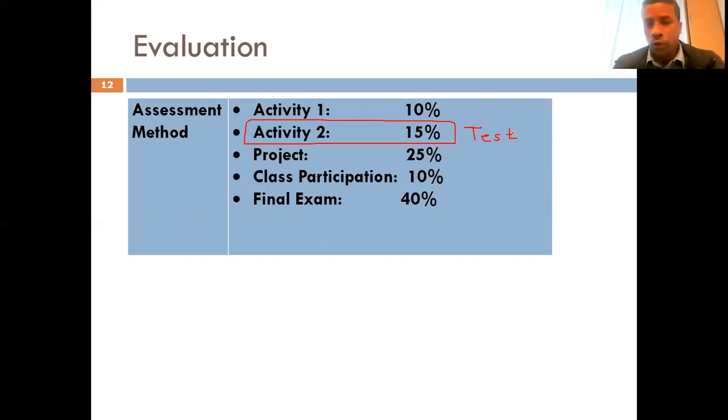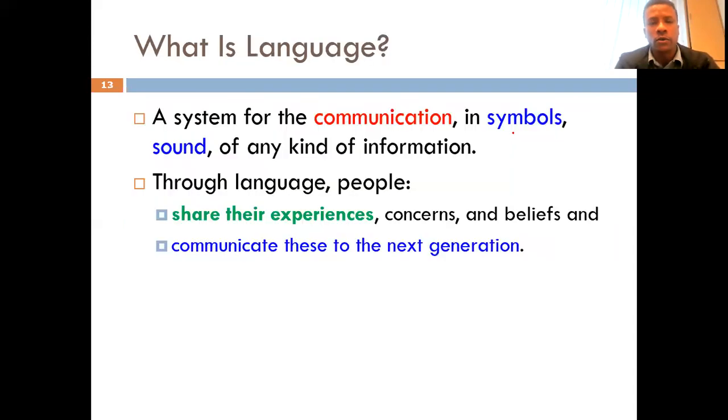But there would be a project that you're supposed to do in a group, then class participation would account for 10%, and the final examination. And in addition to that, article 1, maybe we are going to have a scientific article review. So I'll be giving you a scientific article on natural language processing for each of you, and you should be able to produce a scientific review of that article. So this would be the tentative evaluation rubric that we have for the course. Okay, so that's what we are going to have.